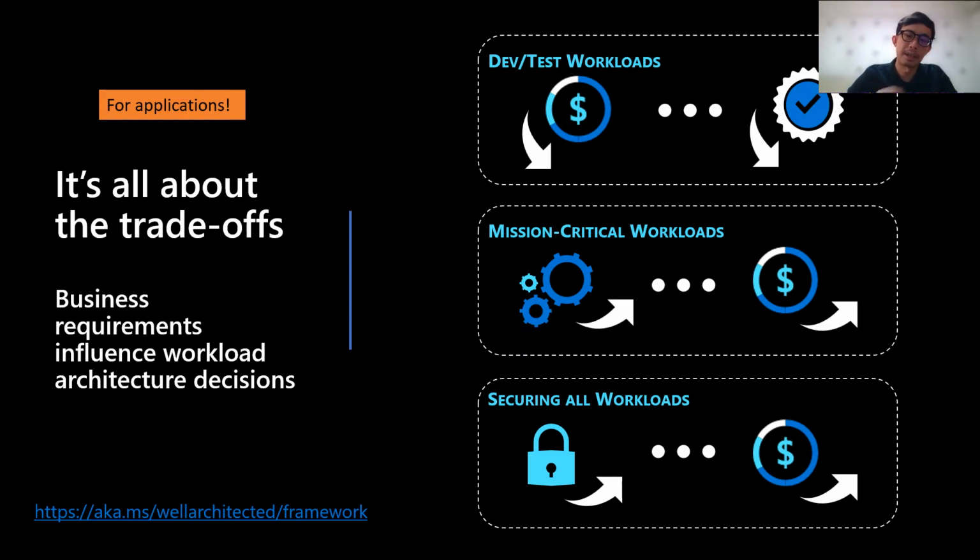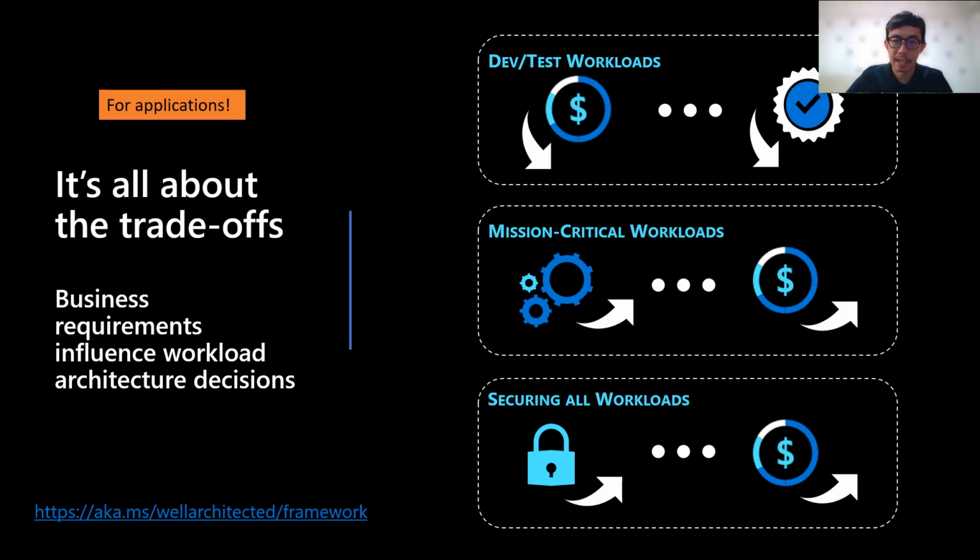Okay, here's another aspect of the well-architected framework. Among the 5 pillars, sometimes you have to make trade-offs. Some pillars may be higher prioritized than some other pillars for certain contexts. Let's take a look at some of these contexts, starting with dev and test workloads.